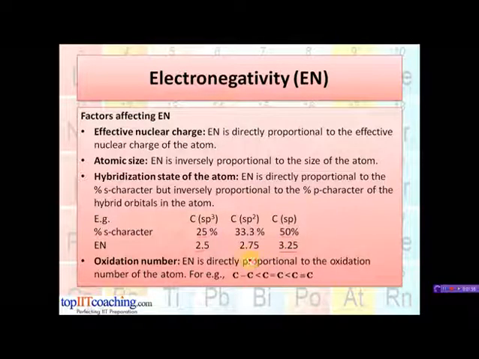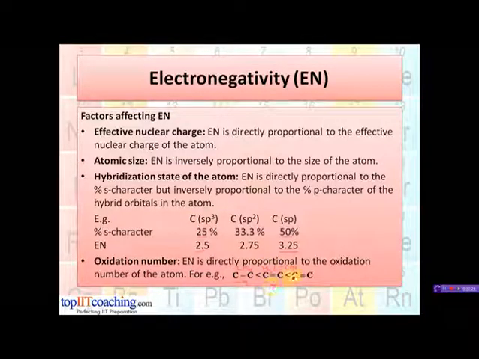The fourth important factor is the oxidation number of the atom. Electronegativity is directly proportional to the oxidation number of the atom. When carbon is single bonded, its oxidation number is -4, for example in methane. In double bonded carbon, let's say ethene, that is CH2=CH2, the oxidation number of carbon is -2.